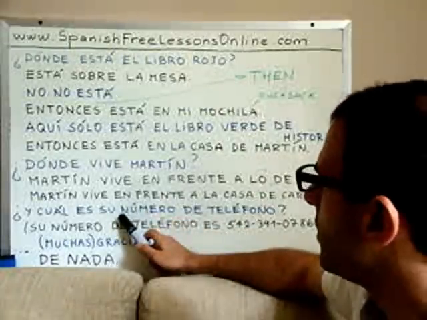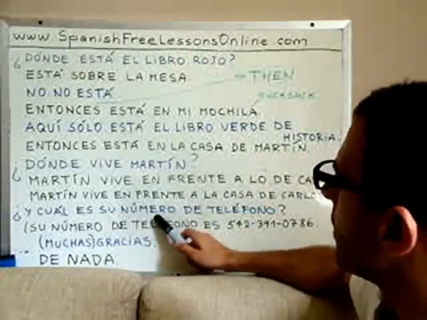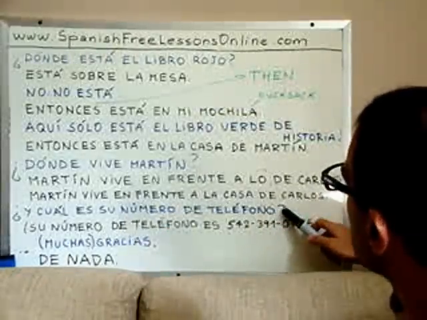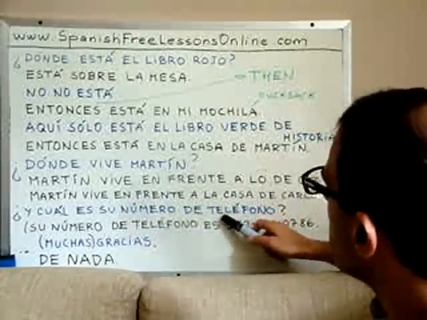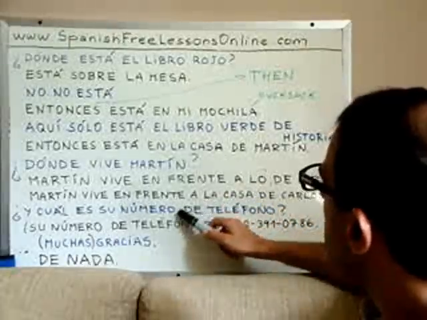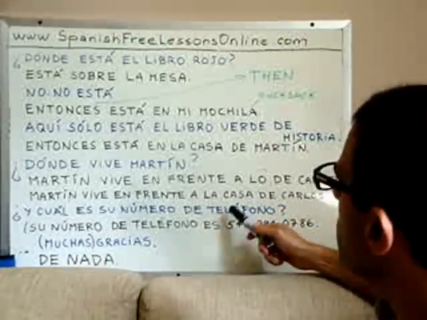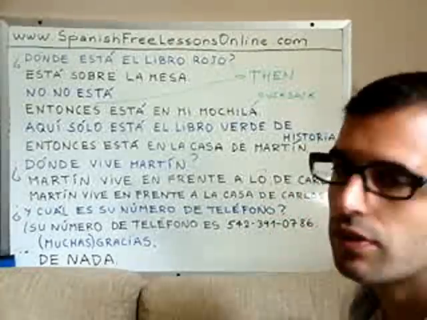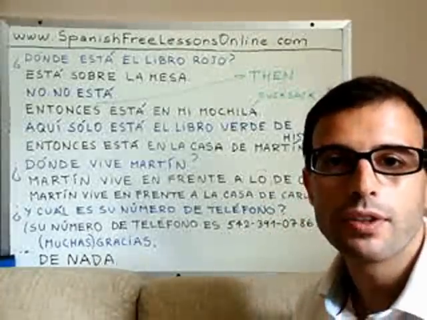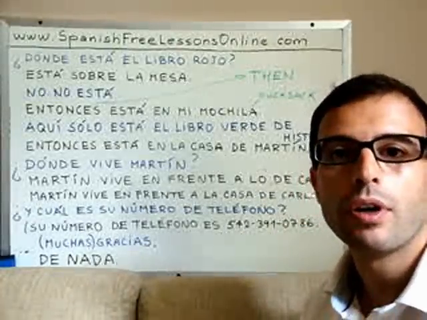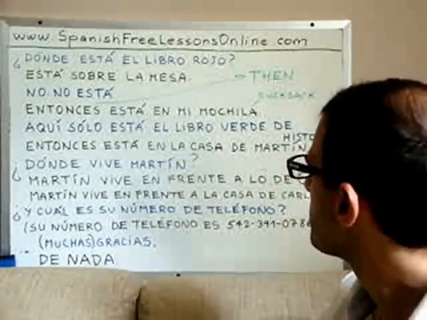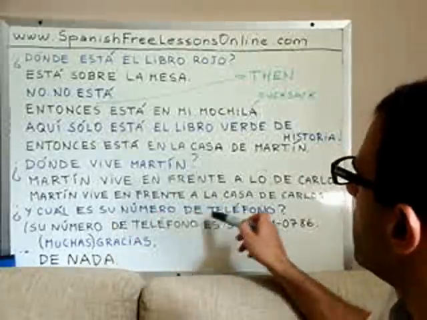Again, here you can see first comes the noun and later comes the predicate or the adjective or what refers to the noun, okay? It's not telephone number in Spanish. In Spanish it is number of telephone, okay? Número de teléfono.